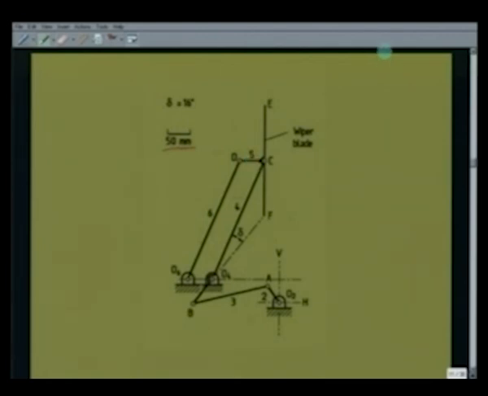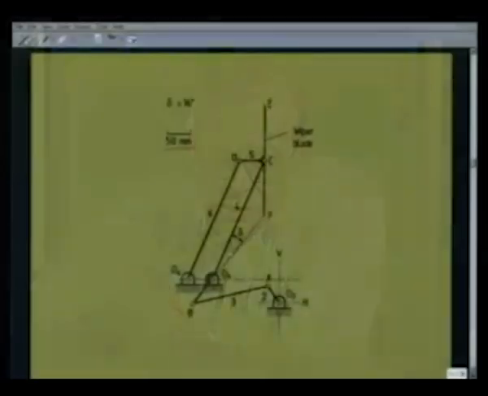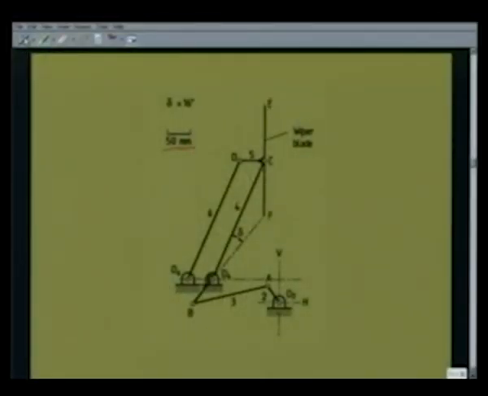The first part of the question is, what is the wiping field? That means, as this crank O2A is driven by a motor, what is the field that is wiped by this wiper blade? Now, to solve this problem, first we use a little bit of graphical method.